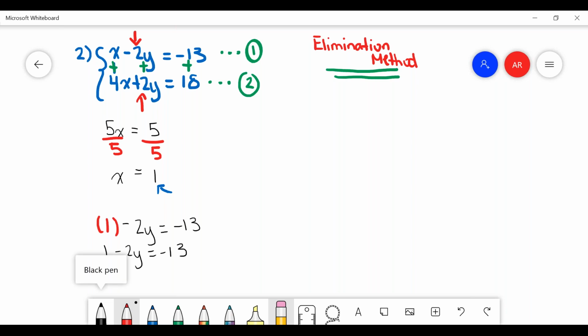So 1 minus 1 minus 2y equals negative 13 minus 1. Looking at the left side here, 1 minus 2y, the 1's cancel out, and we're just left with negative 2y.